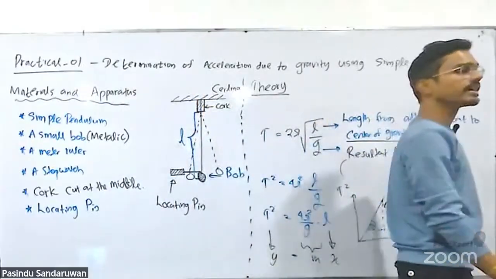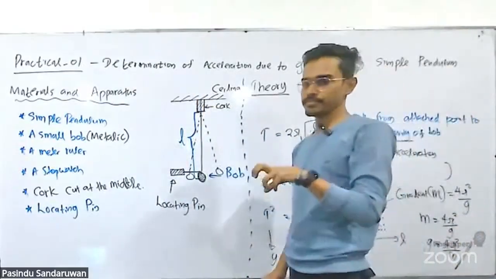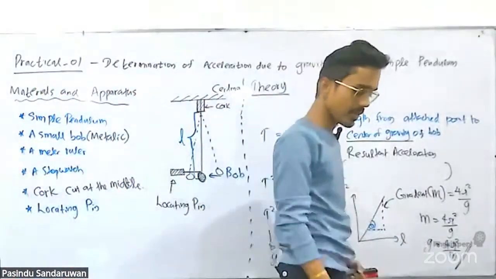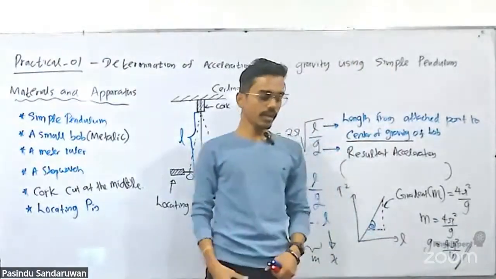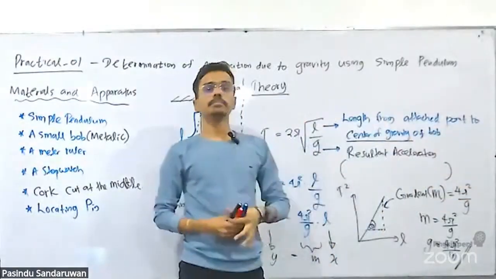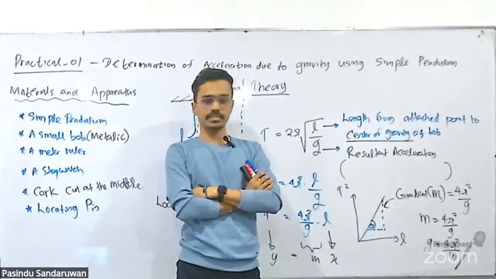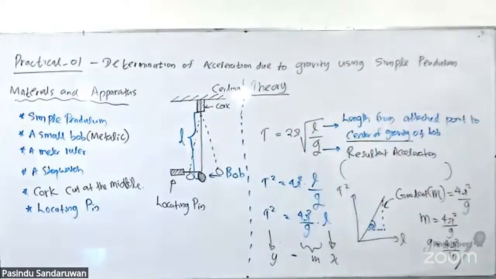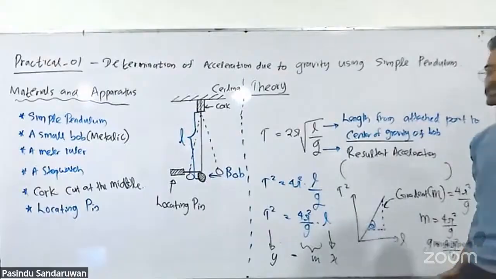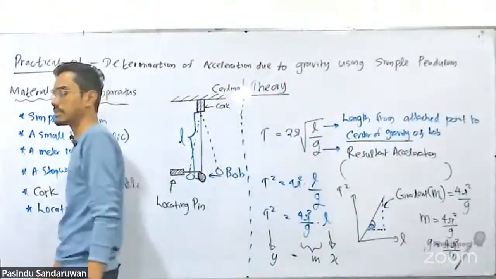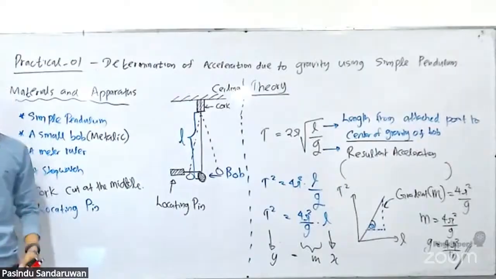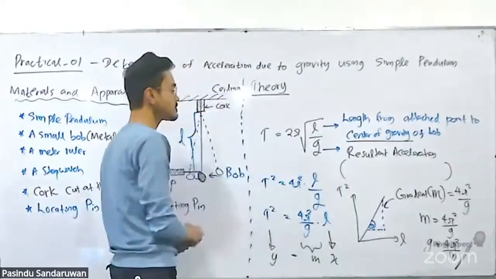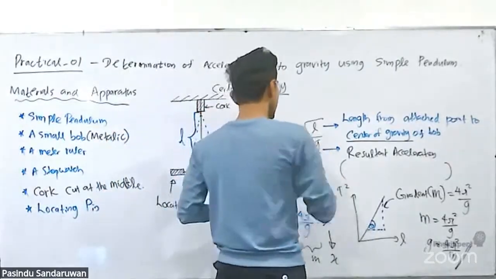Gravitational acceleration is applicable only if the system is at rest. Right? Okay. Now the equation is done.